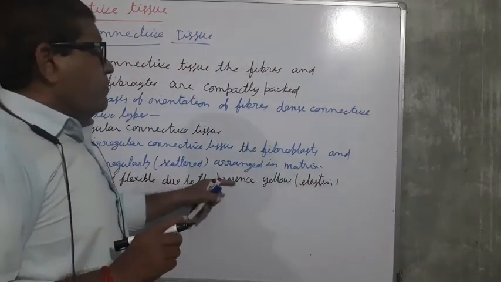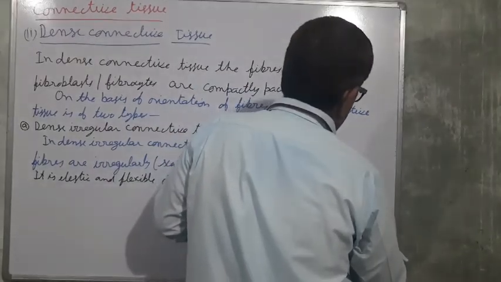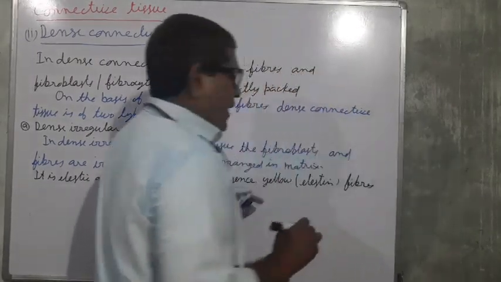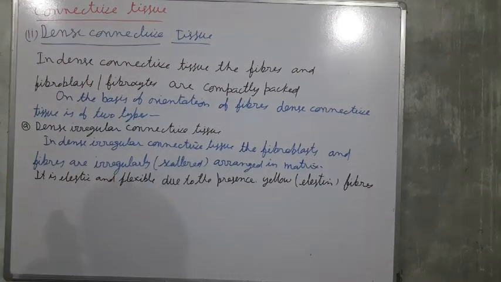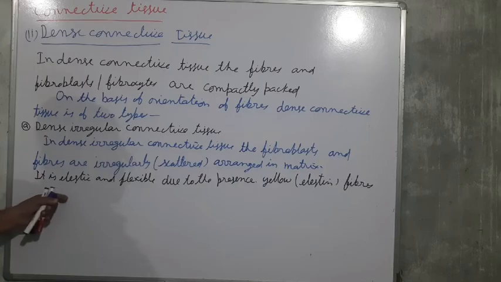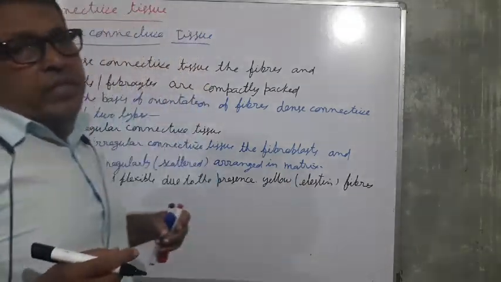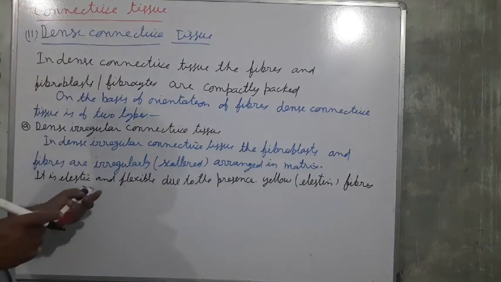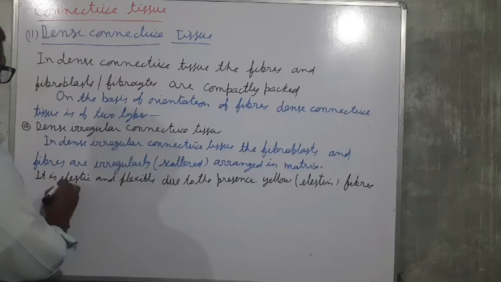Due to the presence of yellow fibers. Another name of yellow fiber is elastin. It also contains white fibers, but their number is less in comparison to the elastin fibers. So these are flexible and elastic.